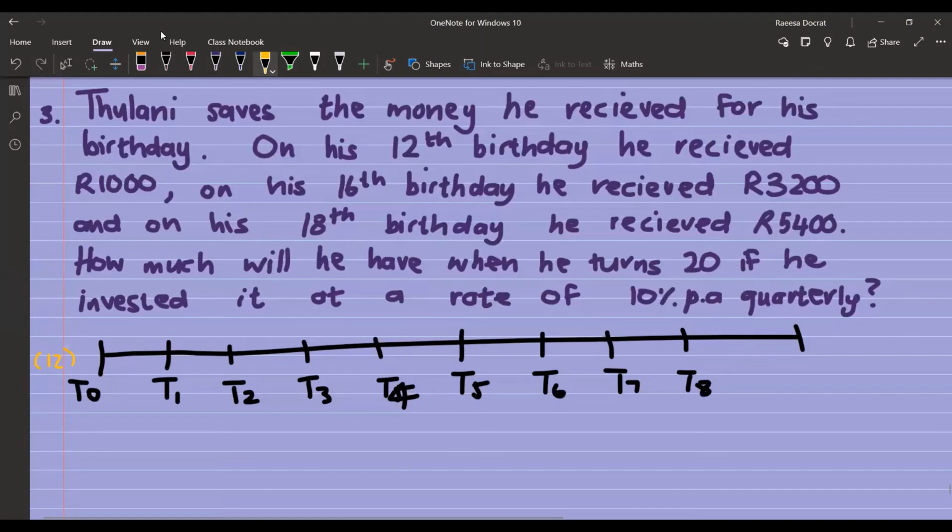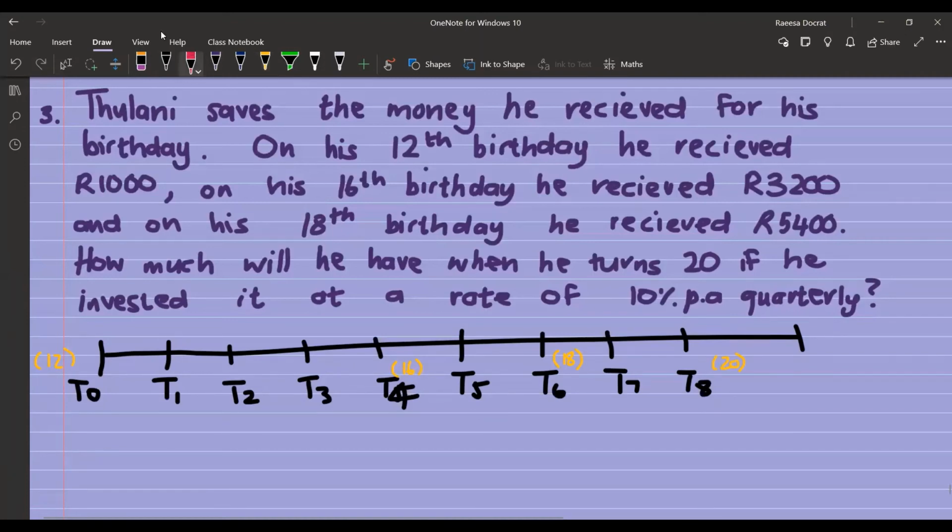His 16th birthday will be 4 years later, so it will be on T4, so that will be 16, and his 18th birthday will be 2 years after that, so it will be on T6, and he'll turn 20 2 years after this, so this is his 20th birthday.